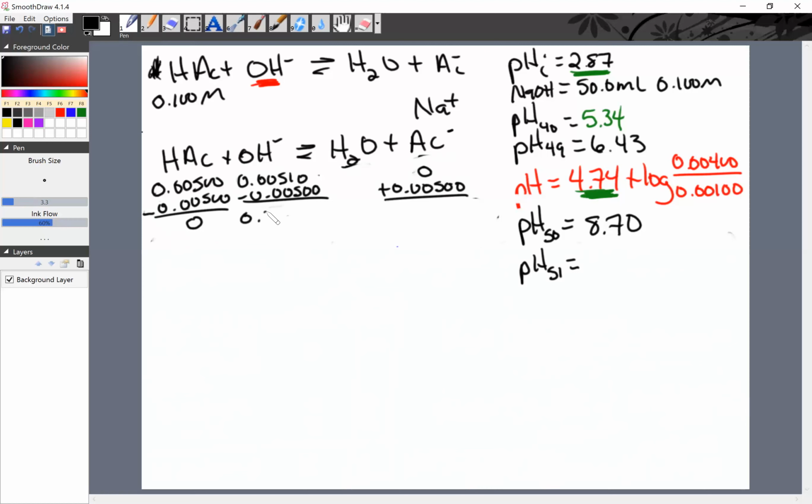And I'm going to be left with 0.00010 moles of my strong base. Remember, this is the strongy that I added. And I'm going to create 0.005 moles of my acetate.